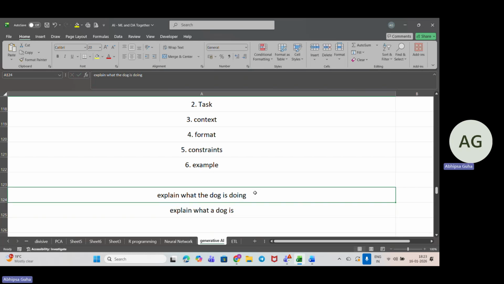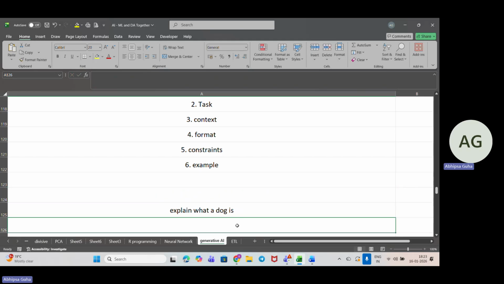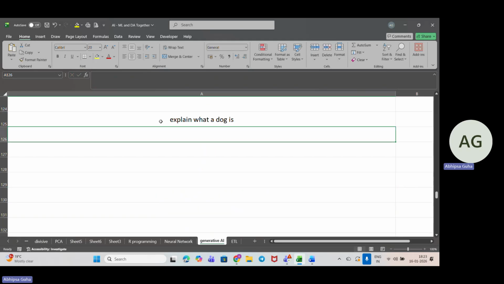I am just giving the sentence or the prompt. Now, what happens? The very first word it contains is "explain," right? So "explain" means what? This tells AI what action to do.